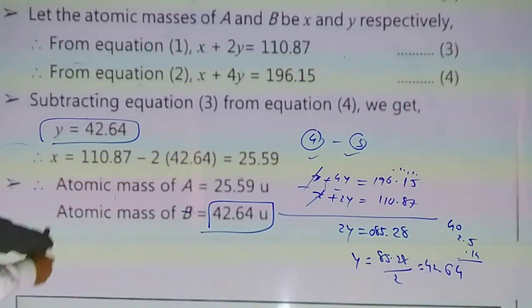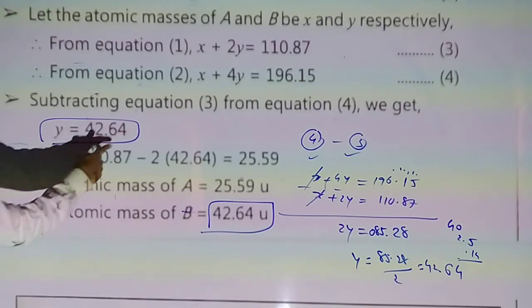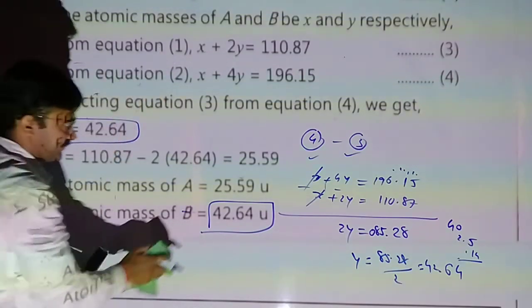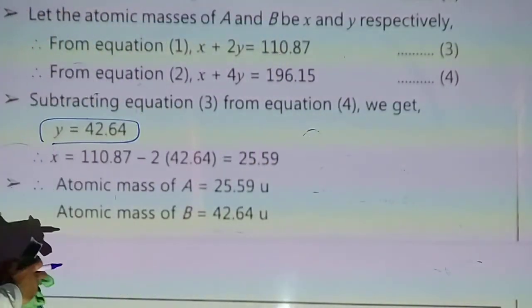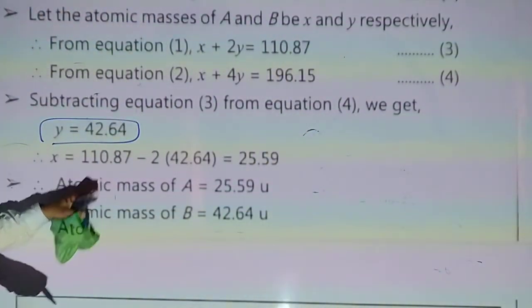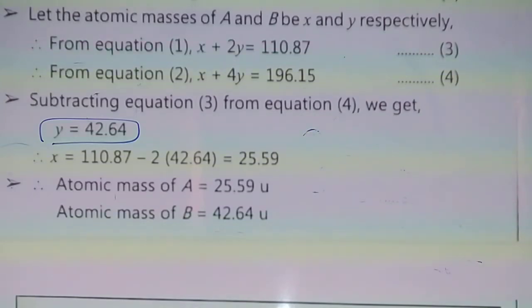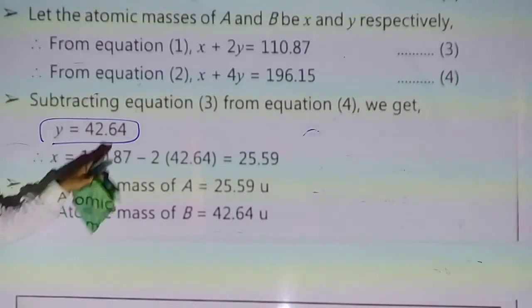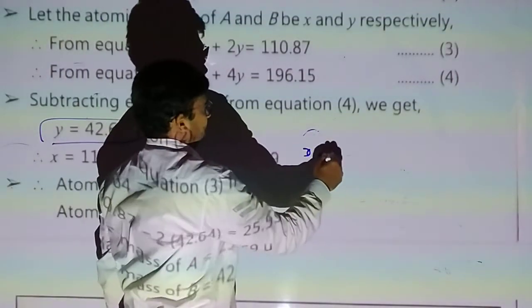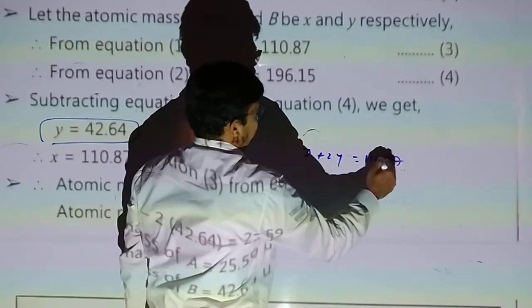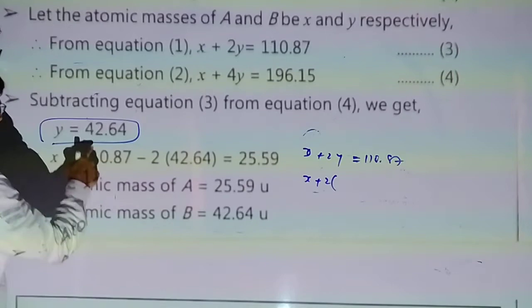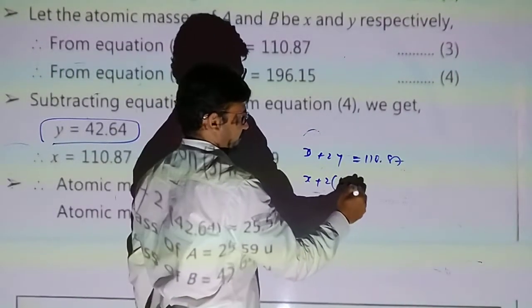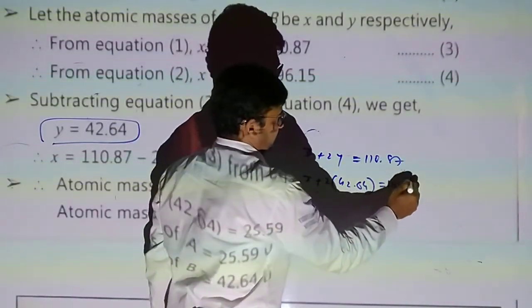Now put down the value of Y in equation 3 or 4. Put the value in whichever you like. So it gives the mass of A. So here, 110.87 minus 2 into 42.64. X plus 2Y is 110.87, and the derived value of Y is 42.64.